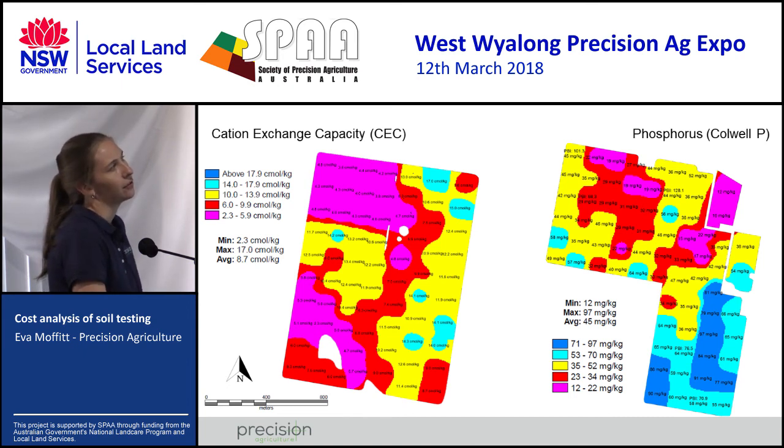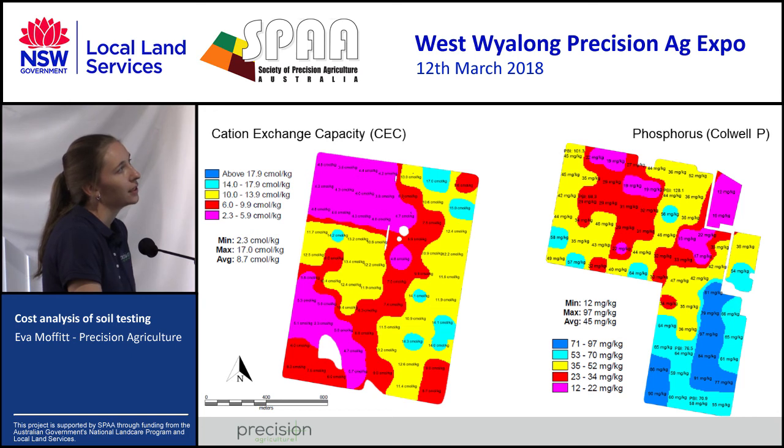The only thing to be careful of there is that it's only a topsoil map, so when you're looking at sodicity, you really want to be looking deeper into the profile as well. But as far as giving you some information, putting some numbers around what you're dealing with for $4 a hectare, if you're already doing the pH mapping, it's something that quite a few people have taken up.